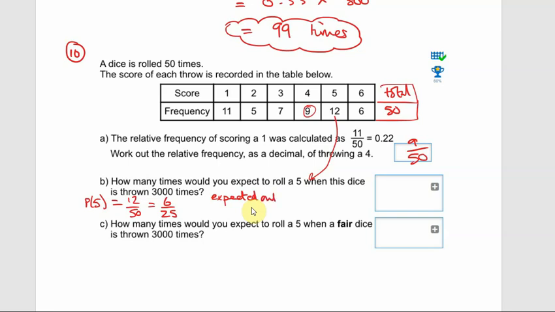And then the expected outcome is going to be the probability 6 over 25 times by the amount of times we spin it, 3,000. And that gets me 720. How about if it's a fair dice? Well, the probability of 5 when it's fair on a dice would be 1/6.